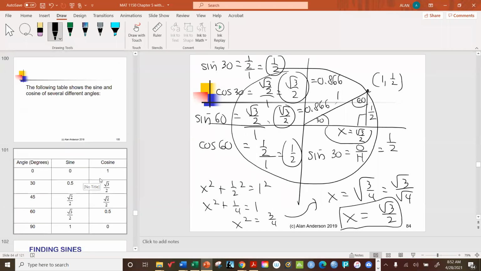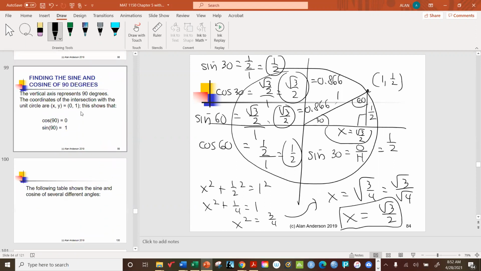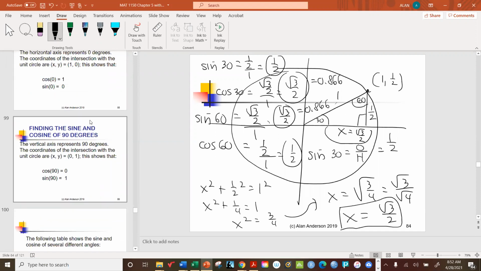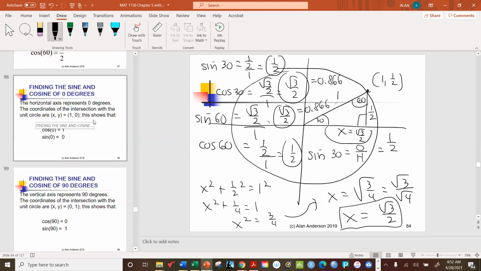And by the way, all the rest of them can be derived in the other quadrants from what we've done here. So if you need, for example, the sine of 120 degrees or something like that, it could easily be done by moving the triangle into that quadrant, and you'd end up getting the same results. So the other special case we want to consider here is 90 degrees. Oh, and 0 degrees. Okay, we have to figure out what to do with those.